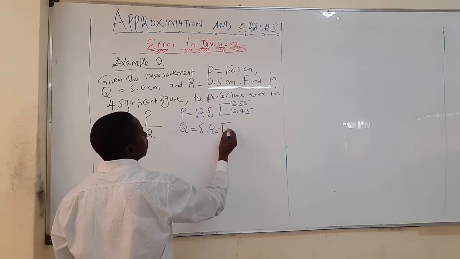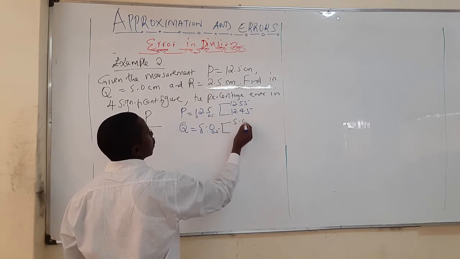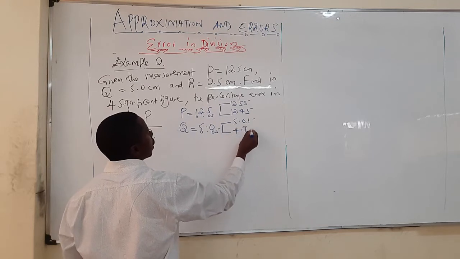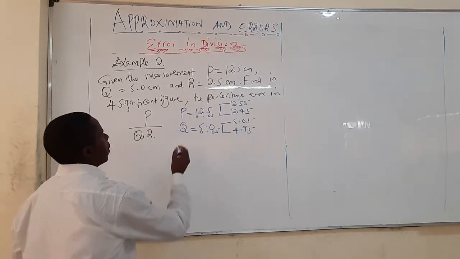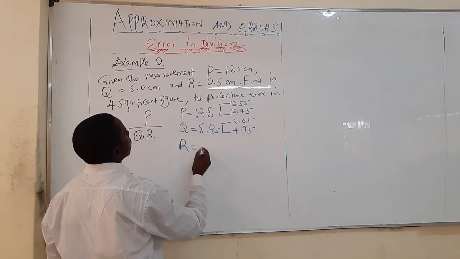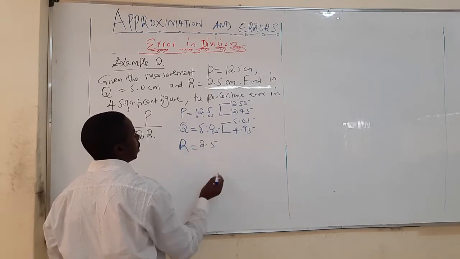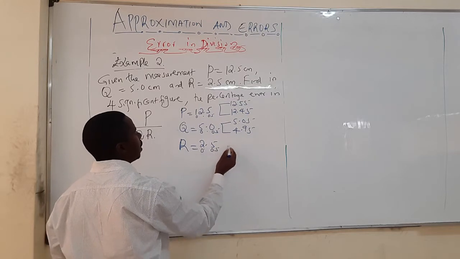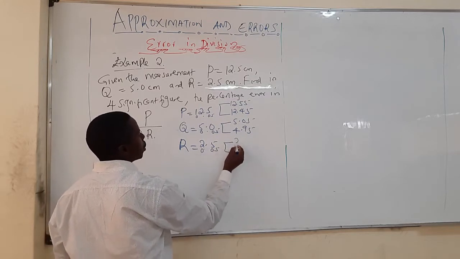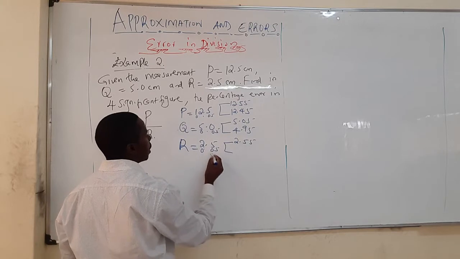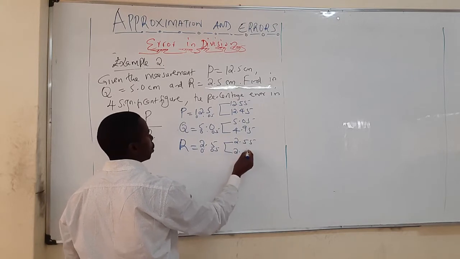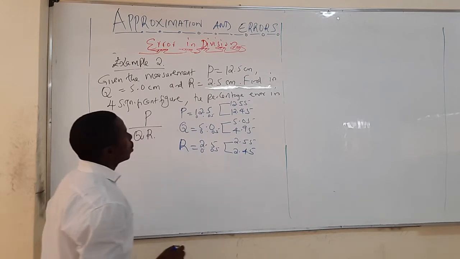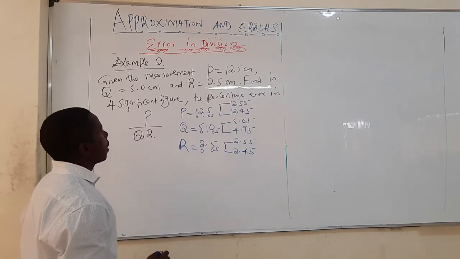So the upper limit should be 5.05, and the lower limit should be 4.95. Then we have R, which is given as 2.5 centimeters. The absolute error here should be 0.05, so the upper limit will be 2.55 and the lower limit will be 2.45.